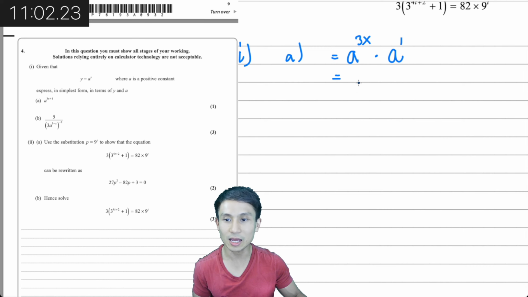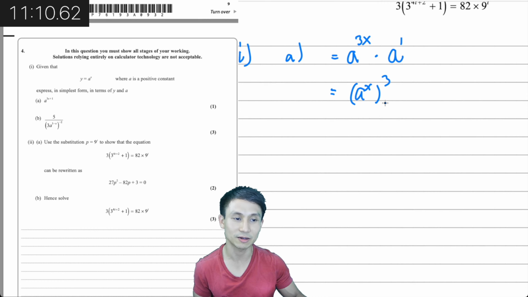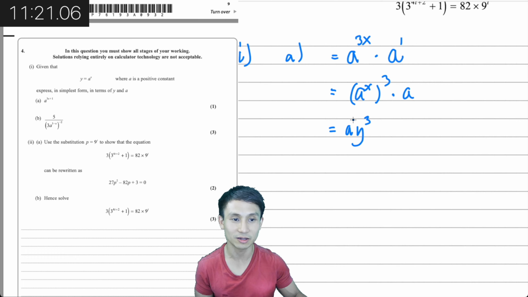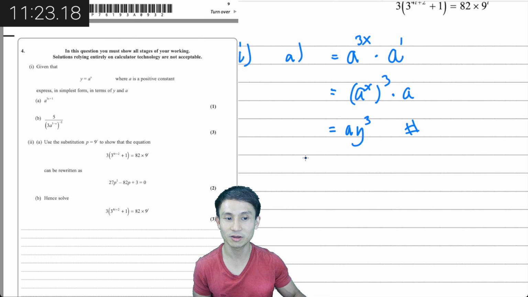Because they have a to the x for us, we do a to the x and then to the power of 3 after that, times a. So a to the x is y cubed, and a we can keep because they allow a in the expression. So that's done for a.